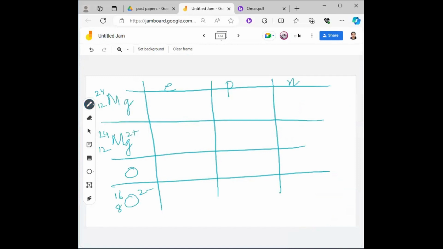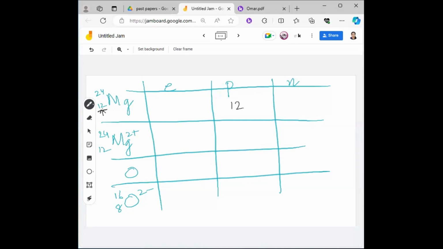Yes. Beta, look over here. This is neutral atom, right? How come it's neutral? Because we have no charge over here, right? Now we see a number 12 written over here. So 12 is what? 12 is a proton number. So we write 12 over here.